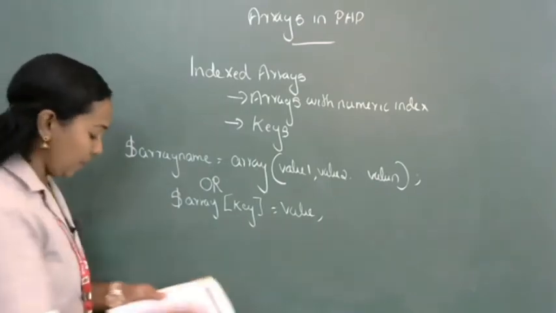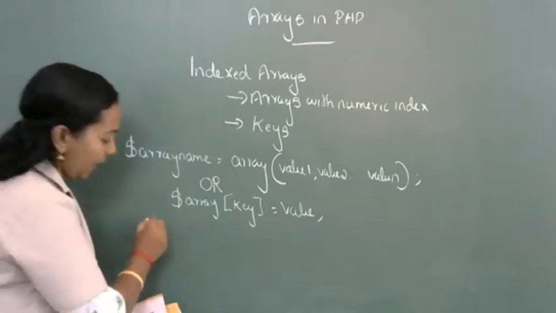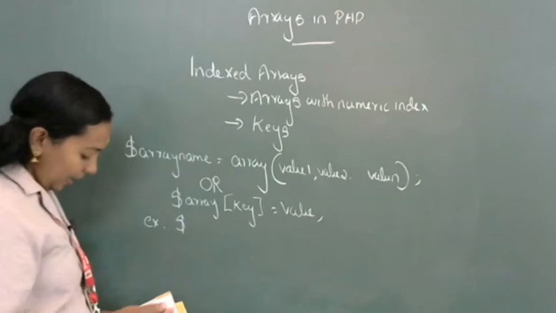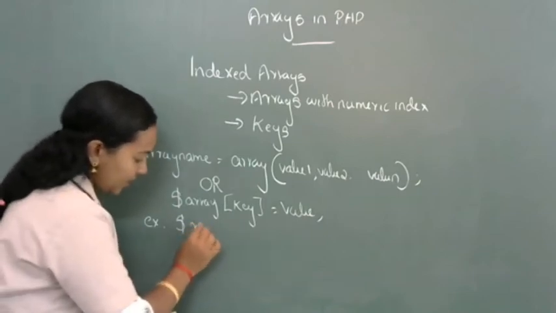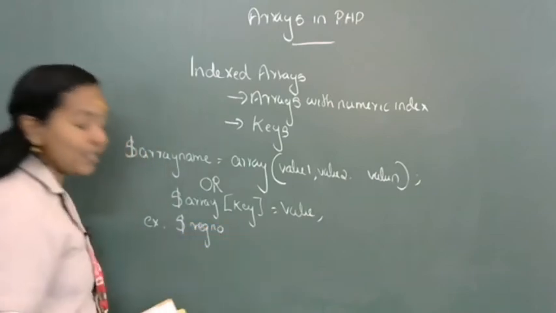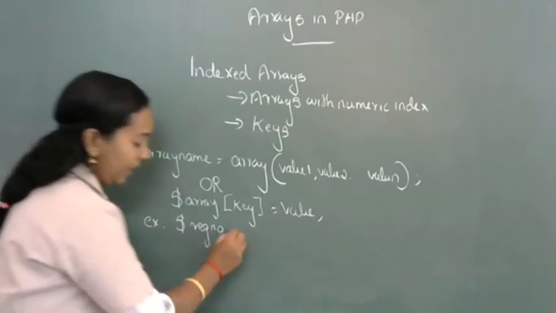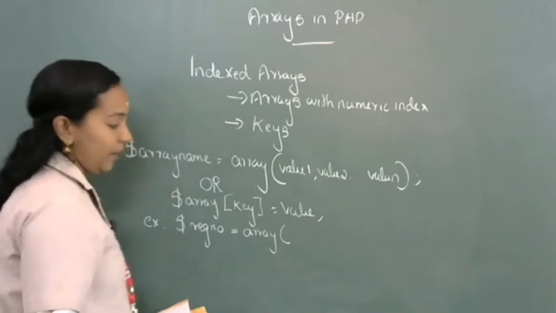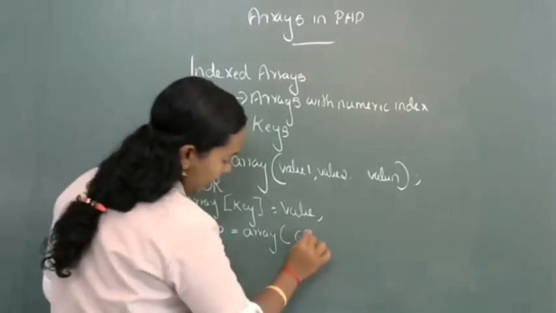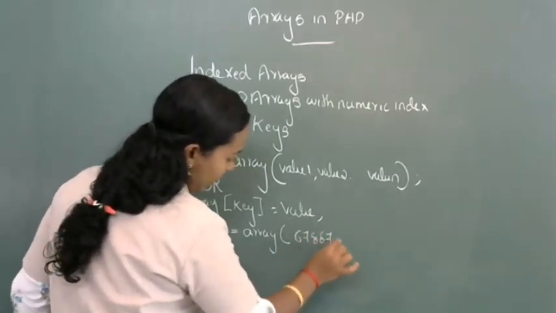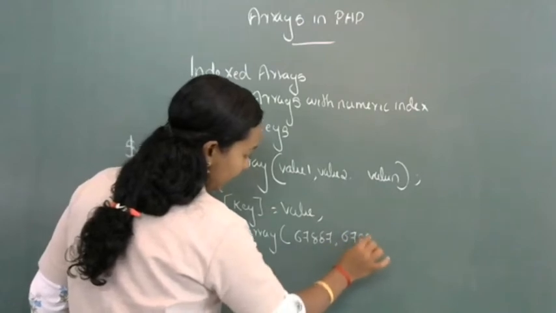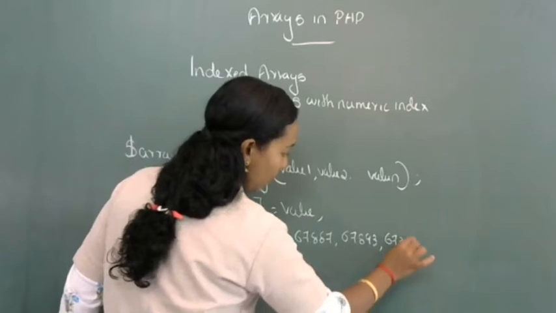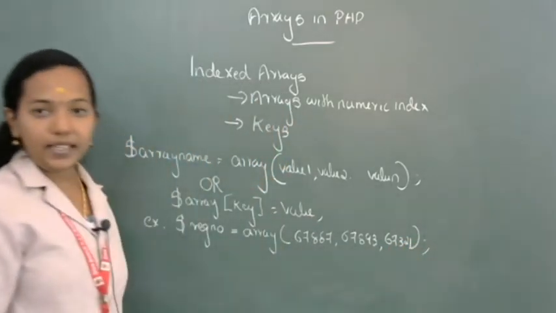Now I will write an example. $arrayname here is register number, as I am going to add register numbers of students. Register number is equal to array, open parenthesis, 67887, 67893, 67321, close the parenthesis, semicolon.